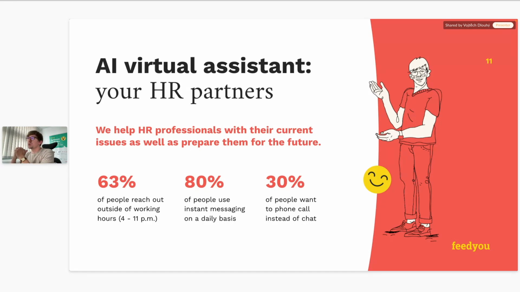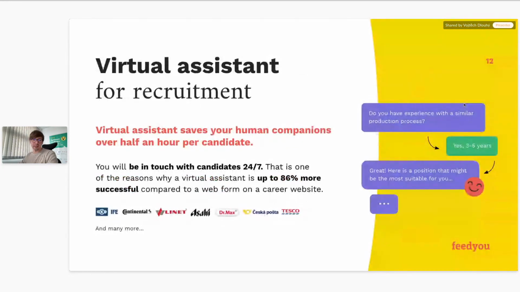And we also want to be able to talk with your candidates or employees in any language that is relevant for you. So that's just a quick intro to this, and let's start with the first process, which is recruitment.